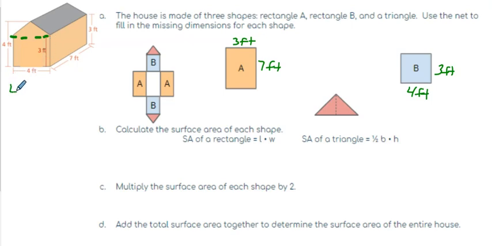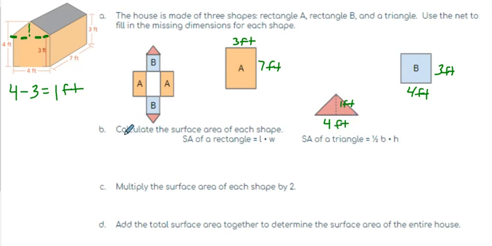So if I take the height of both of them, which is 4, and I subtract out the height of just the rectangle, I know that my height of my triangle, which is right here, is equal to 1 foot. So the height of my triangle, again, 1 foot, and my base is equal to 4 feet.